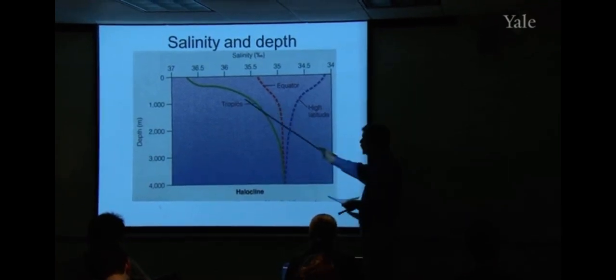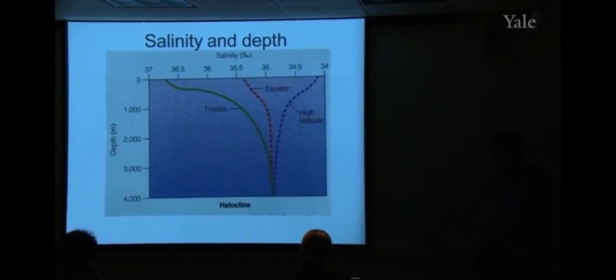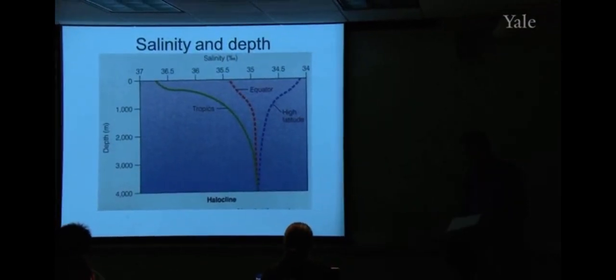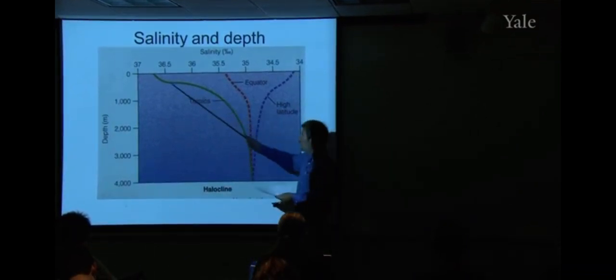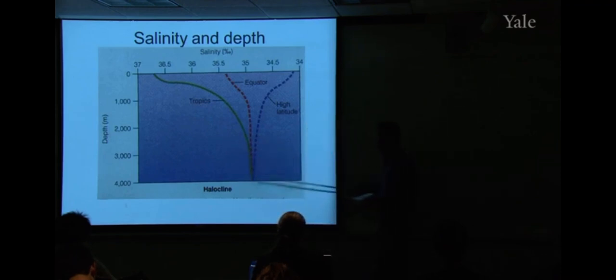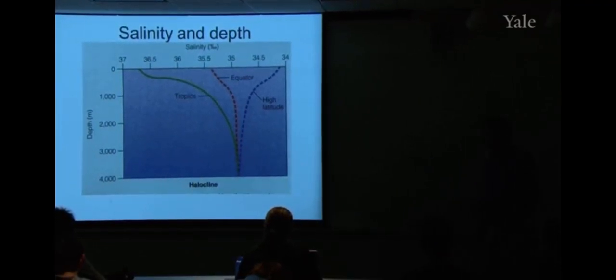Whereas in the tropics, where, for example, in the belt of deserts, the descending branch of the Hadley cell, you'd have a lot of evaporation, but very little precipitation. So the water near the surface would be salty there, but not at the bottom. The bottom is more homogeneous.